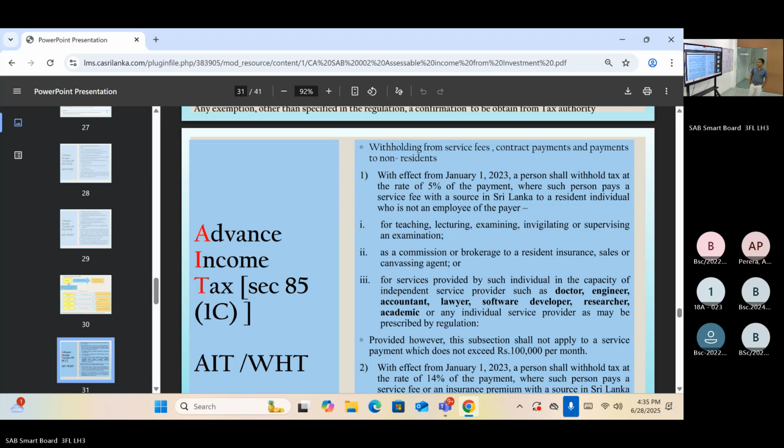It says teaching, lecturing, examining, invigilator or supervisory of examination; as a commissioner of mortgage or resident insurance, sales or canvassing agent; and for service provided by such an individual in the capacity of an independent service provider such as doctor, engineer, accountant, lawyer, software developer, researcher, academic. If the service payment is more than 100,000, WHT needs to be deducted at 5%.